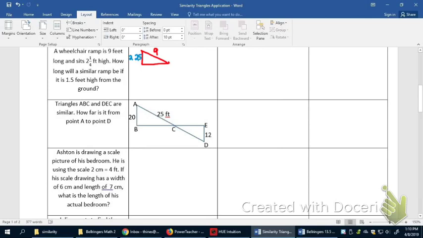And if you didn't know, you could put 1 divided by 4 in the calculator and do it that way. But okay. How long, sorry, will a similar ramp be if it is 1.5 feet high from the ground? So we've got that picture, and we're looking for the length of a different ramp where the height is a different height.